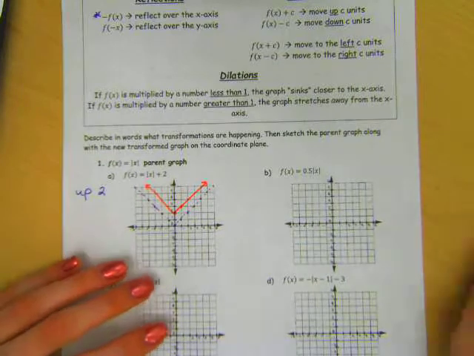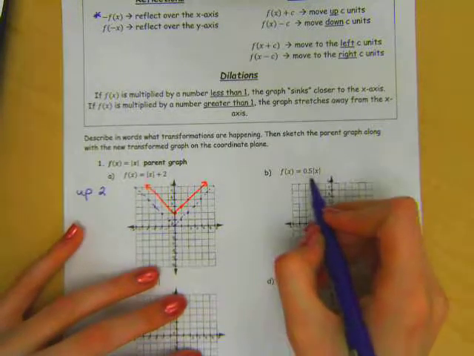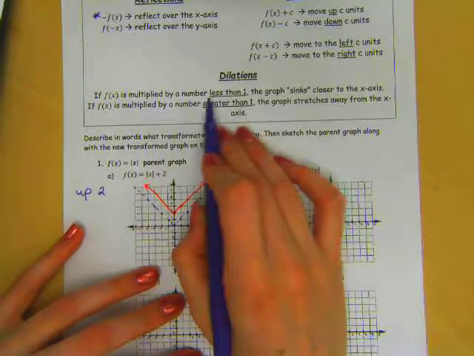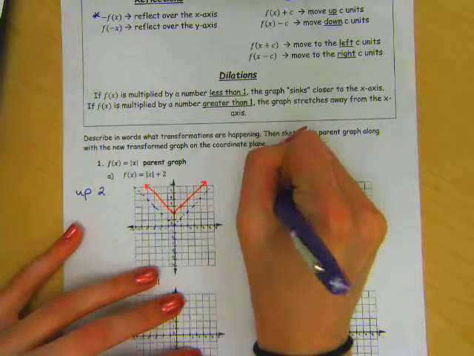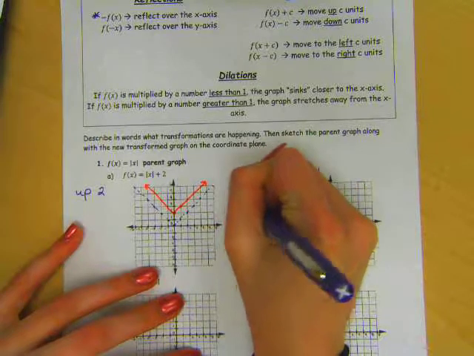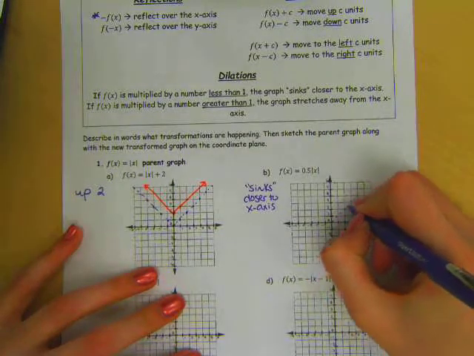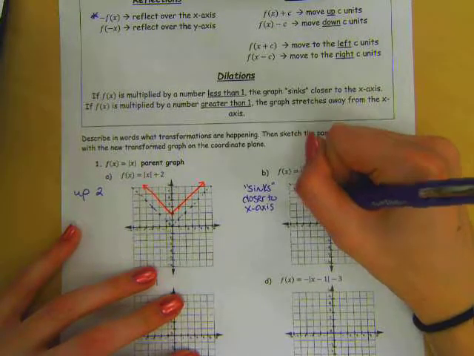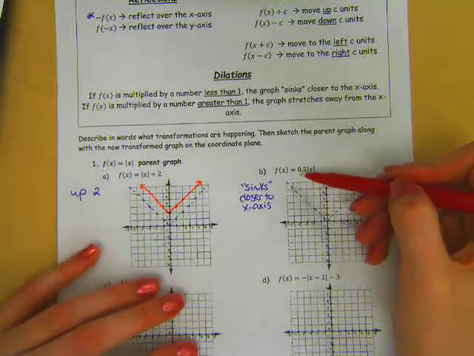All right, for letter B, we've got 0.5x. This is a number being multiplied on the outside as a coefficient out front. Less than 1, so in words, we'll say it sinks closer to the x-axis. So again, I'm going to just quickly sketch out my parent function, and then I'm going to sink closer to the x-axis at a rate of 1/2.